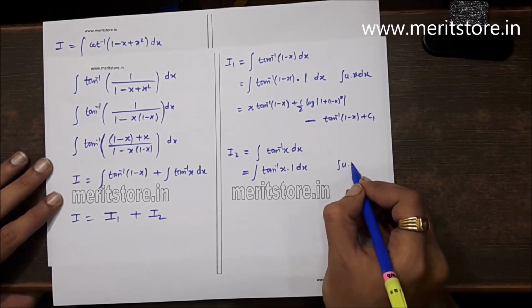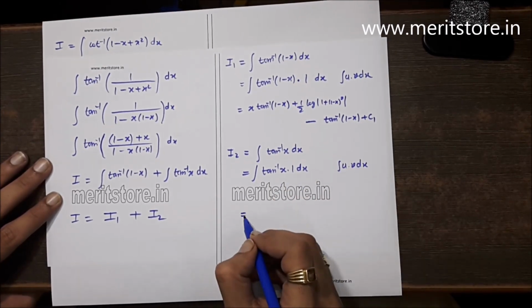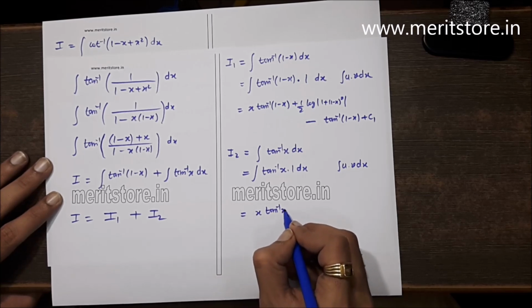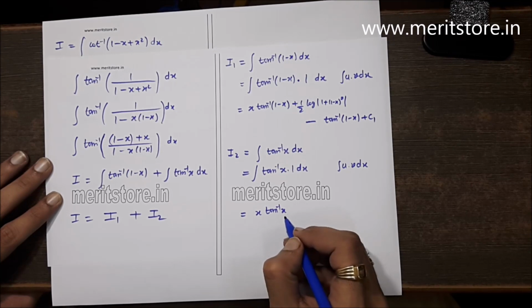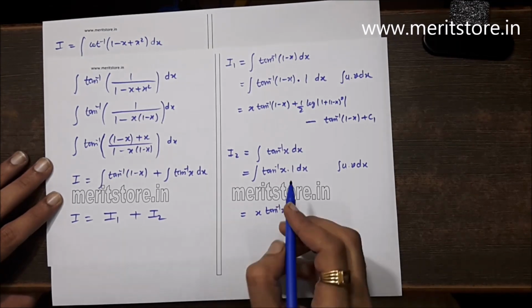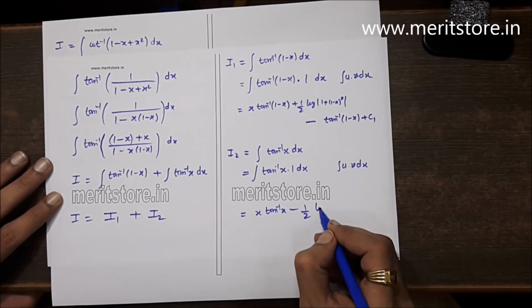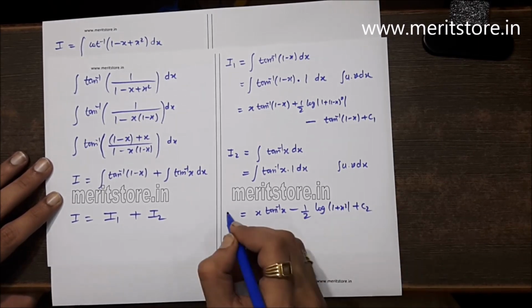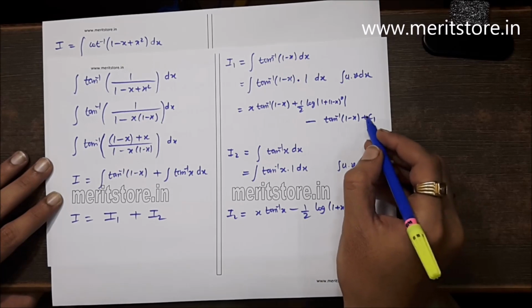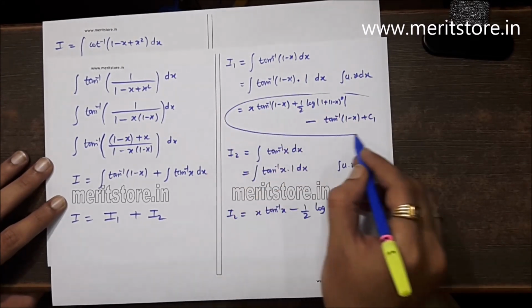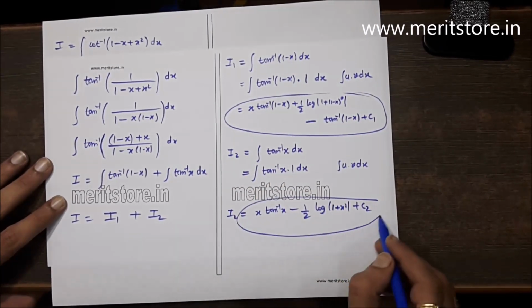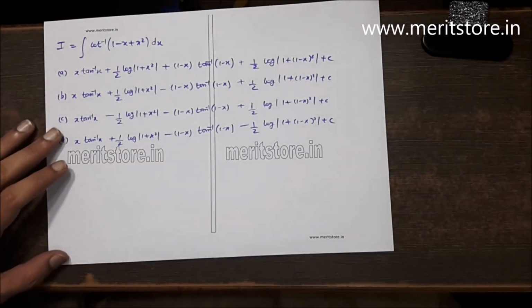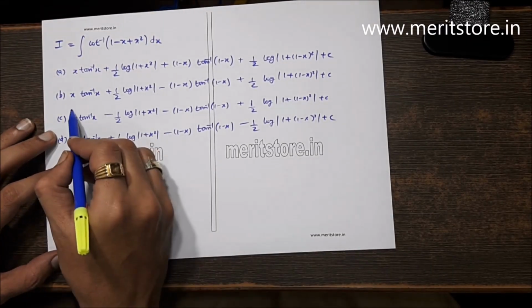After applying the rule of u into v dx, our answer will be x tan inverse of x minus half log mod 1 plus x square plus c2. Combining the values of c1 and c2, we find that our option C matches the best out of it. So our answer is option C.